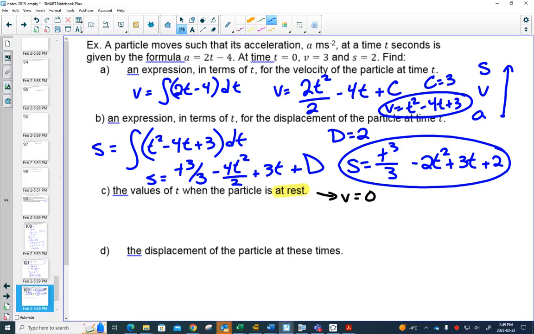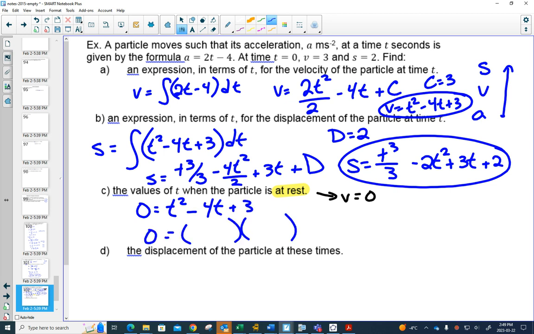So if the particle is at rest, the velocity is 0. So I go to my velocity equation, and I plug in 0. T squared minus 4t plus 3.